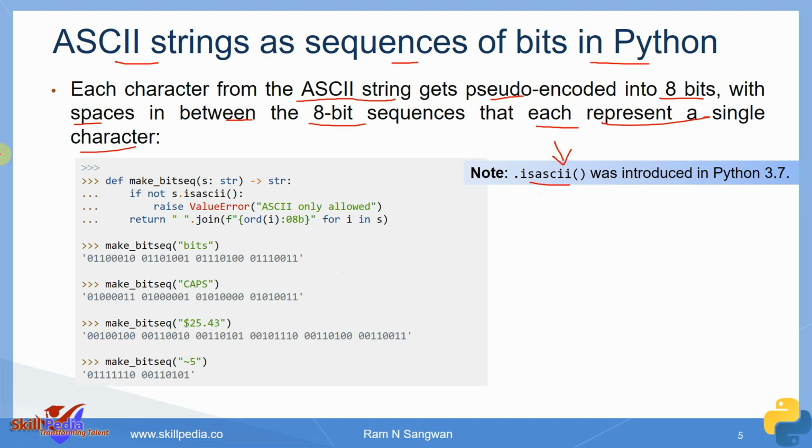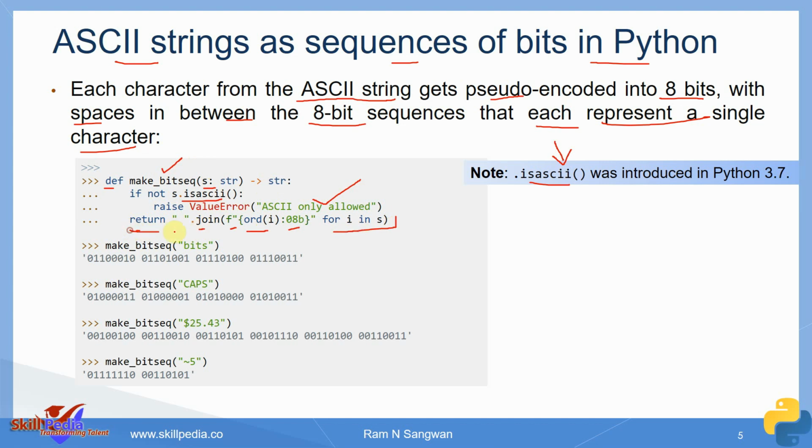Look at this example. This is the function we are defining, make_bit_sequence. You pass s as a string, and if not isascii, then display that only ASCII values are allowed. If it is ASCII, then use the join function with format(ord(i), '08b') for i in s. This is the loop part.